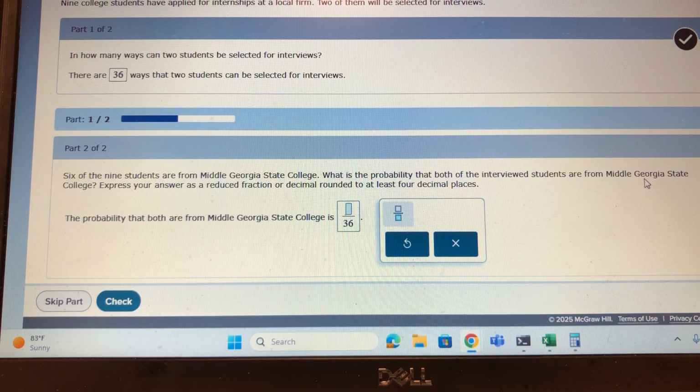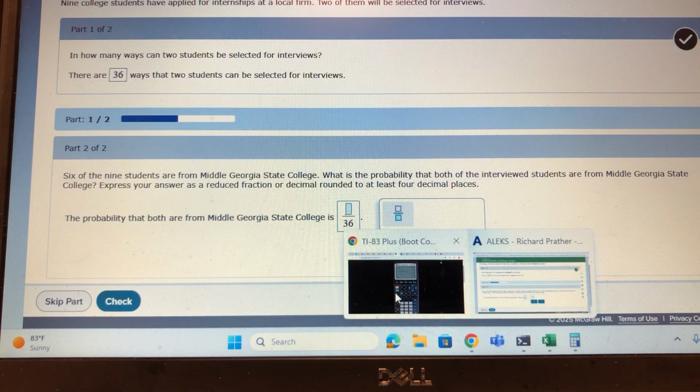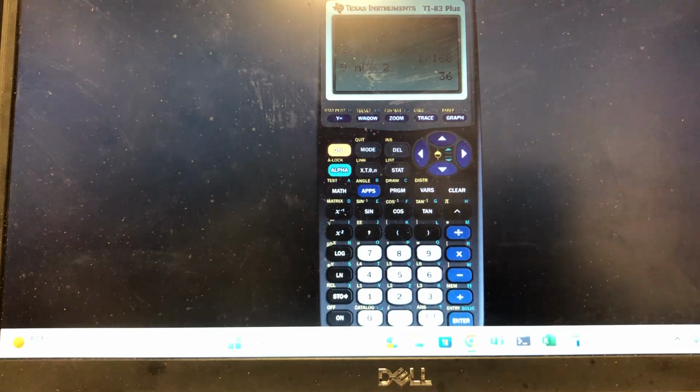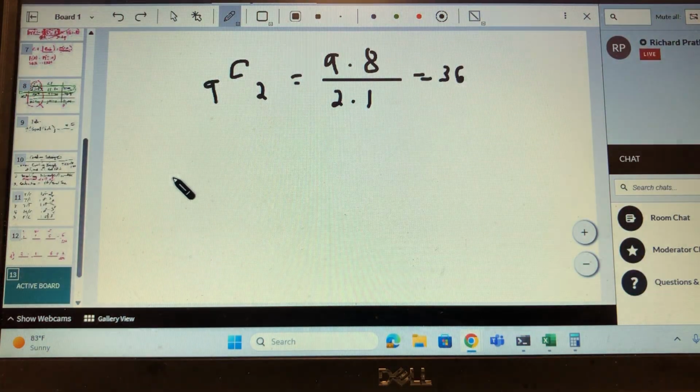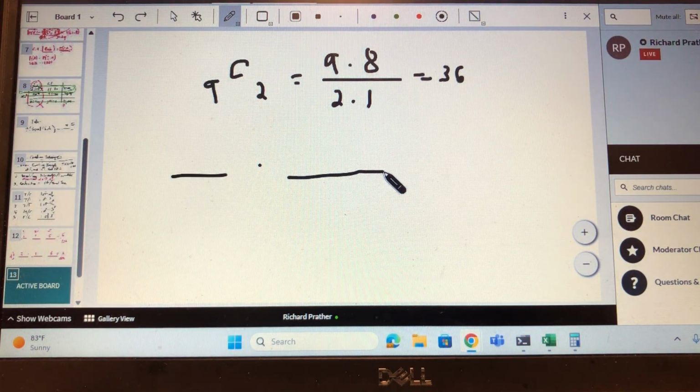So we're choosing, well, here's what you do for this. It's exactly like this last one. I have to choose 2 people, so make 2 blanks. And then I'm hoping that both of these are from that college, and there's 6 total students from that college. So there's 6 that I can pick for the first slot, and then you're not going to pick the same person twice.